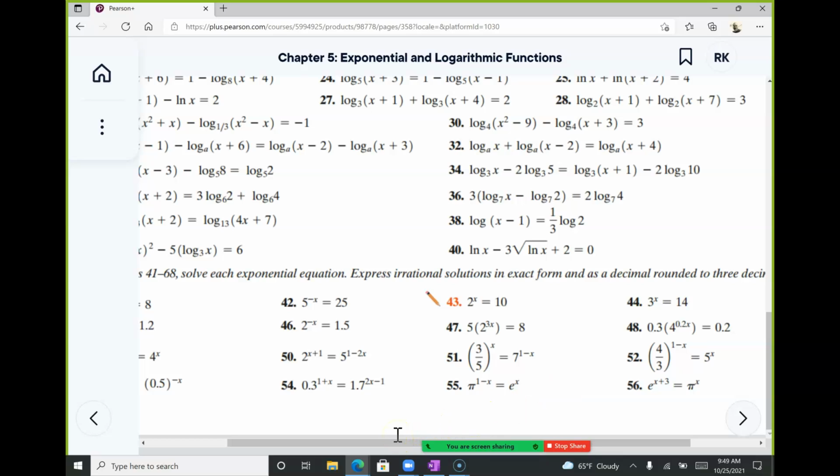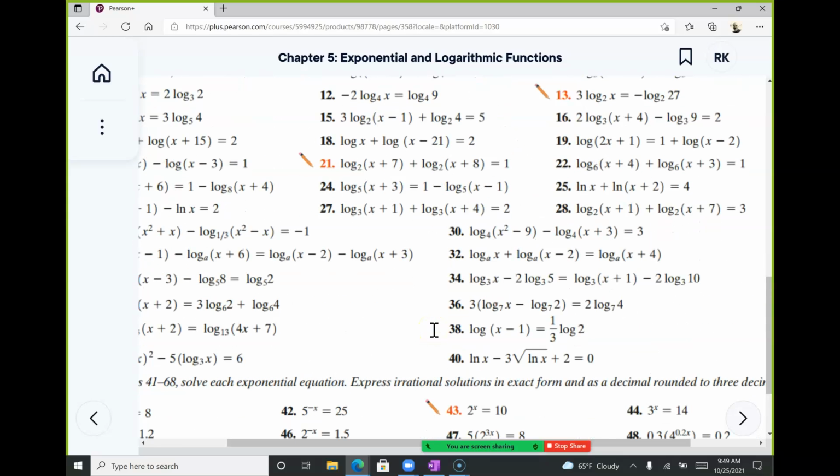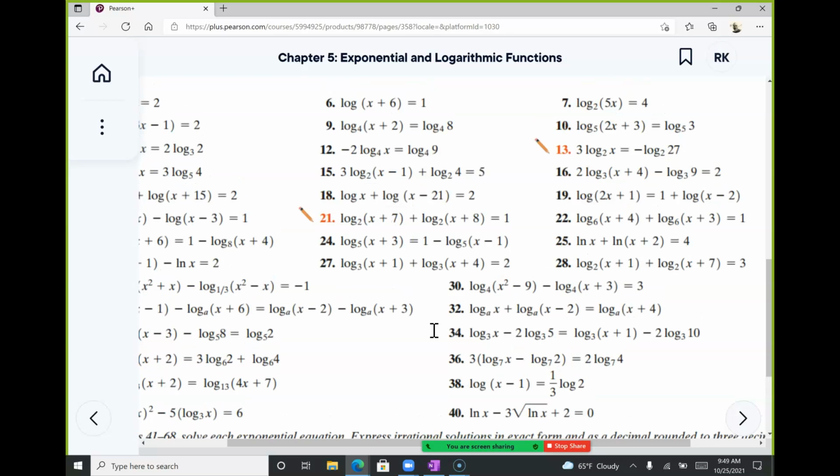But all of those, definitely I would say do all of those. Probably all of these as well. Let's pick a couple to do here.